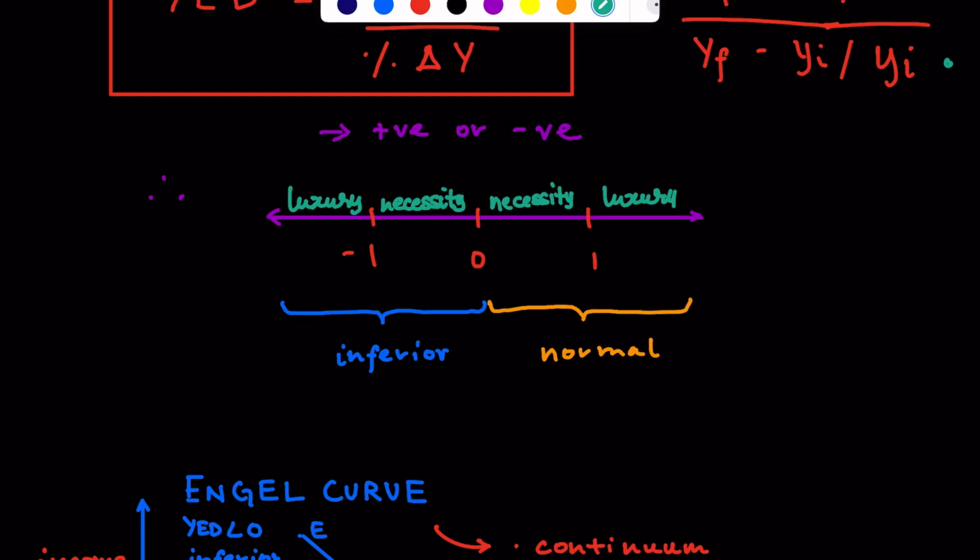And it shows a continuum because at lower incomes, we have YED greater than 1, as I just mentioned. And if you see at point A, you are not buying as much of luxuries when you have a low income. And then you go up a bit to point B, you are increasing your income here, and as a result, you realize the good that was once a luxury is now a necessity.